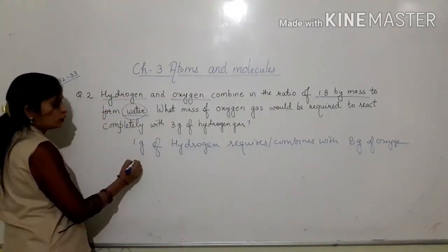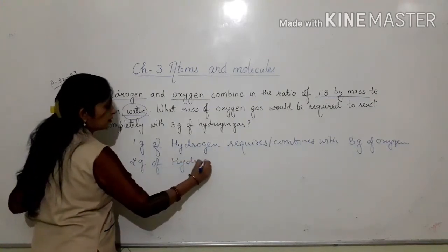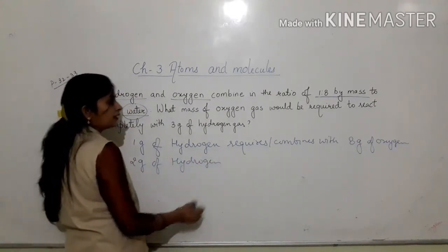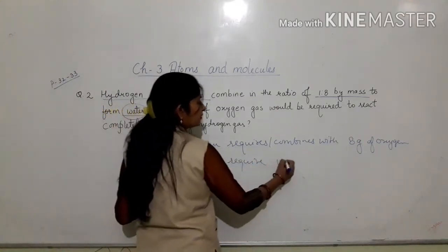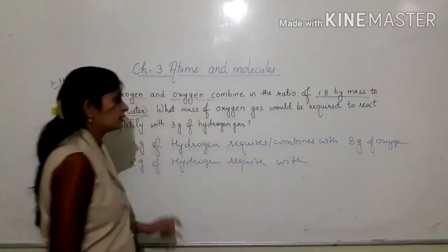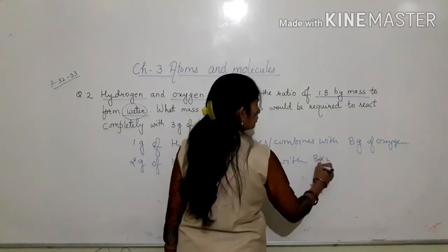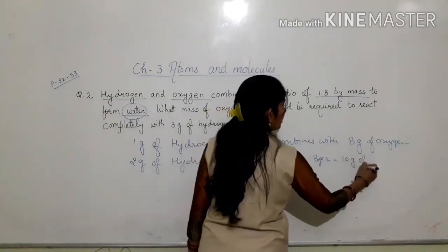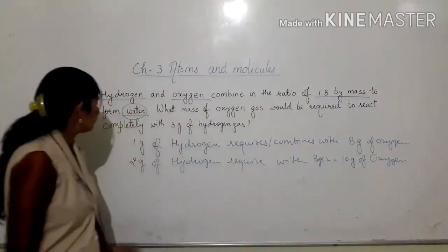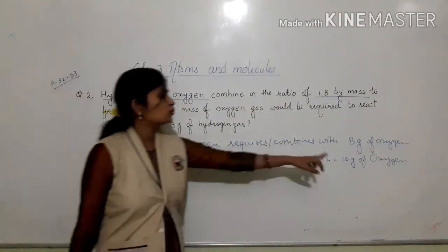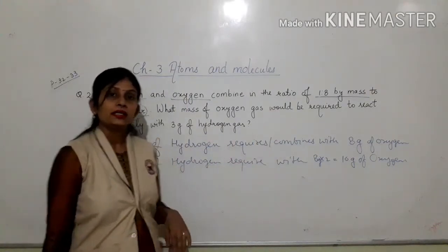If 2 grams of hydrogen are there, then it requires or combines with 8 into 2, that is 16 gram of oxygen. So the ratio 2:16, just simplify it. It will be 1:8.